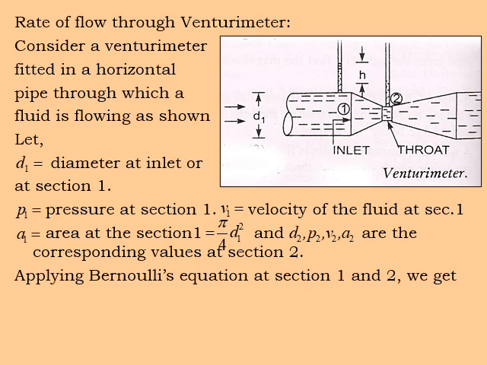Now applying Bernoulli's equation at sections 1 and 2. So this is Bernoulli's equation: P1 by rho g plus V1 square by 2g plus Z1 equals P2 by rho g plus V2 square by 2g plus Z2.